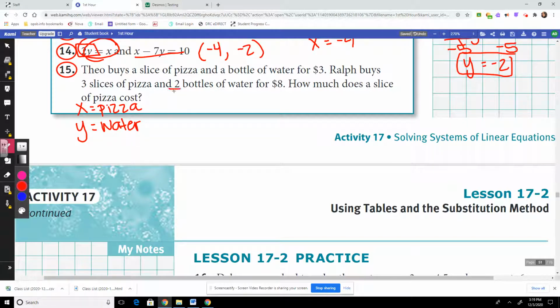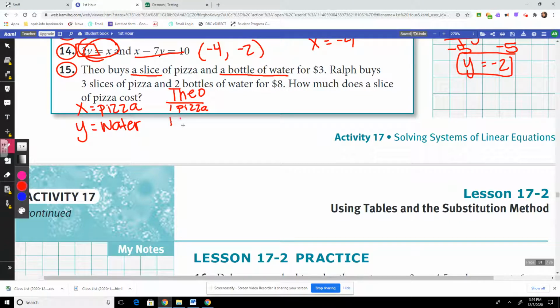So let's write down everything that we know. Okay, so let's talk about Theo. Theo buys how many pieces of pizza? A slice of pizza. So one slice of pizza. And he buys how many water? He buys a bottle of water, which means 1.